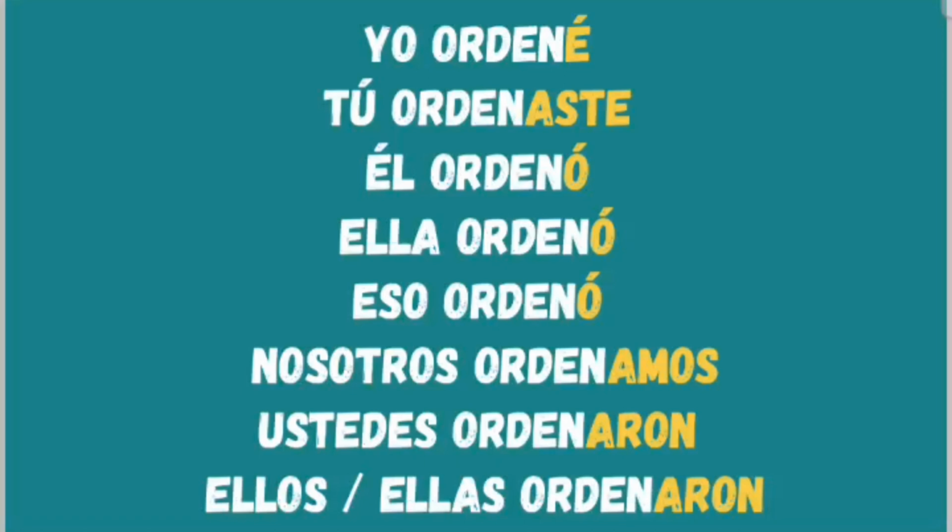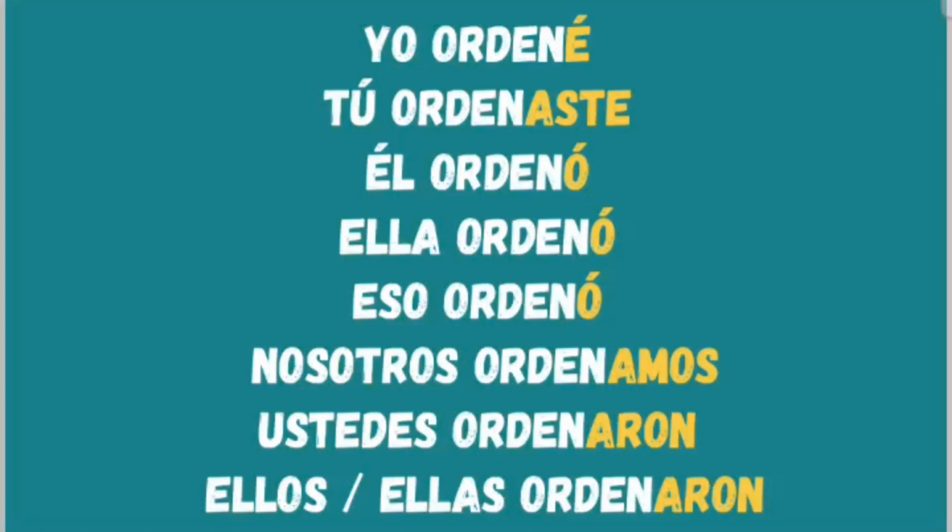Third person: él, he, ella, she, and then it, eso, or esa, if you're talking about a thing or animal. Now, if you are saying she ordered, then you have to say ella ordenó. She ordered. And see, the ending is exactly the same because we're talking about third person personal pronouns.